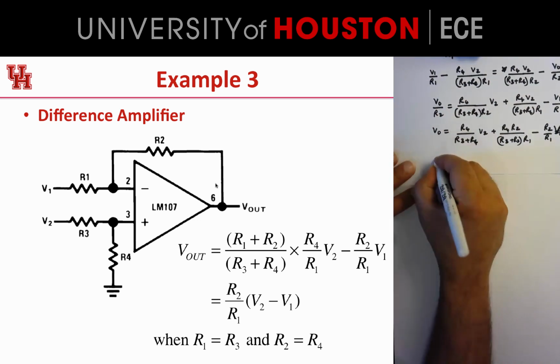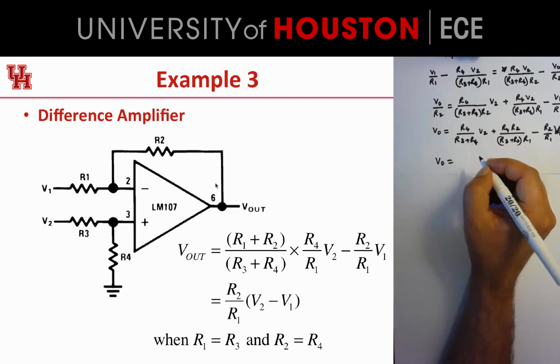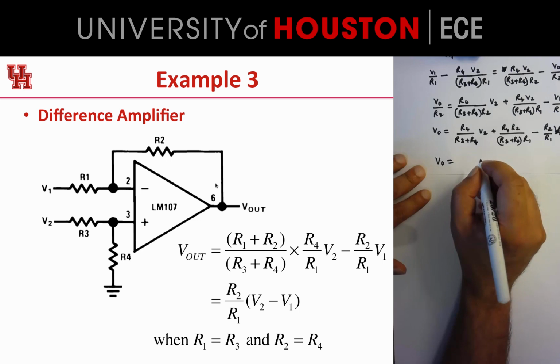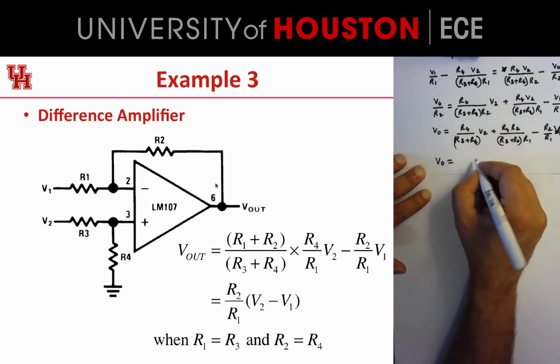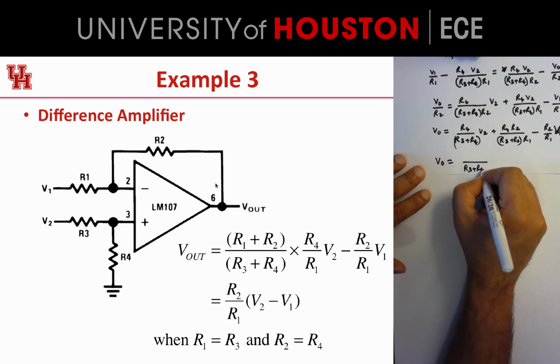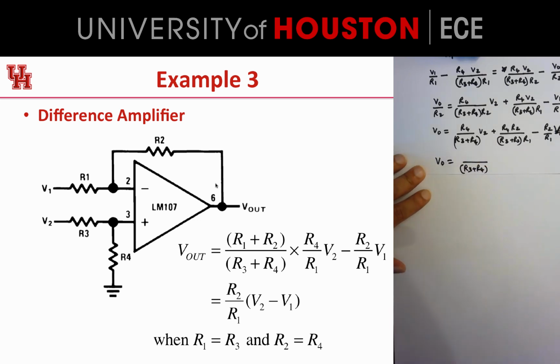Okay, so V output is essentially, here you go, I can bring the common denominator, R3 plus R4.